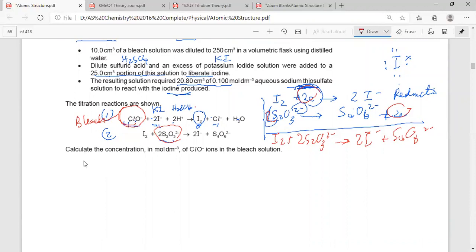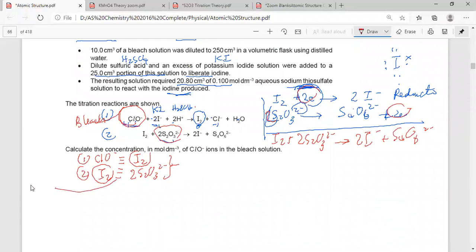From the first equation, 1 mole of ClO minus is equivalent to how many moles of iodine? 1 mole. Second equation: 1 mole of iodine is equivalent to how many moles of thiosulphate? 2 moles of thiosulphate. So iodine is common.